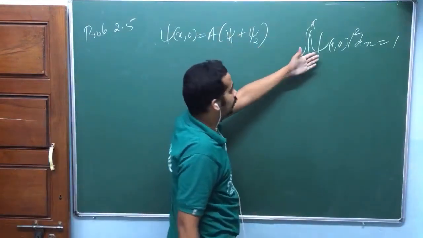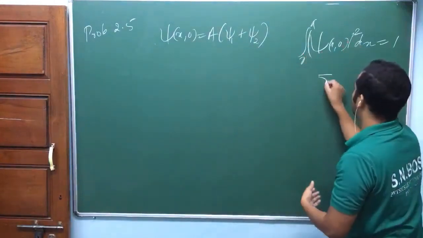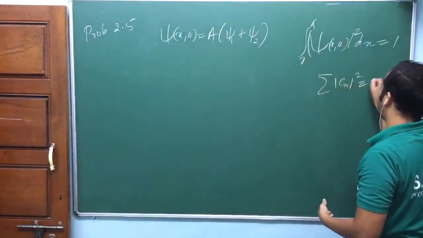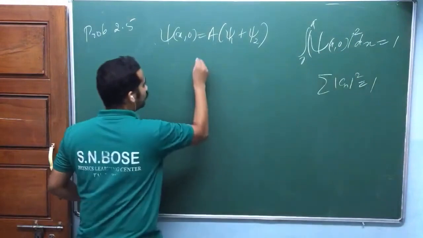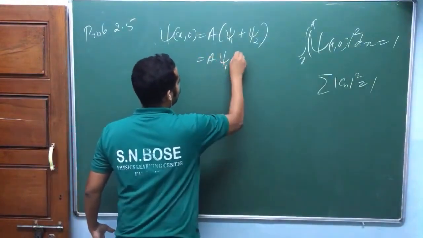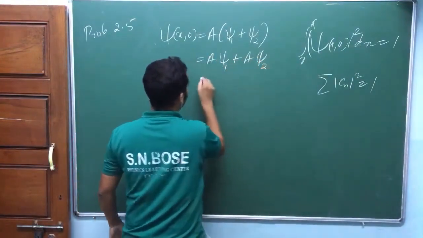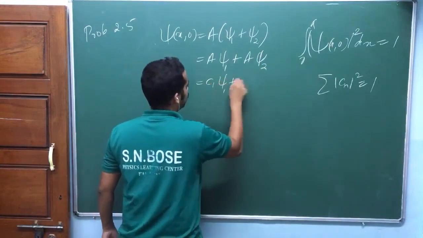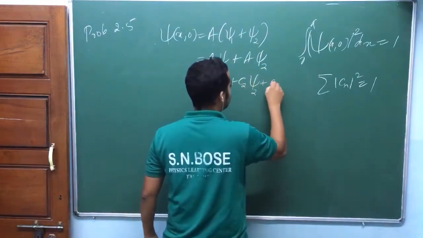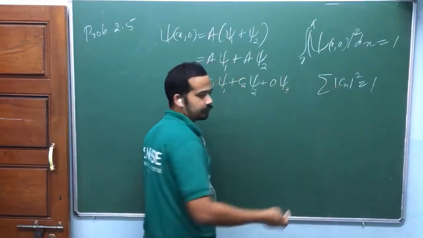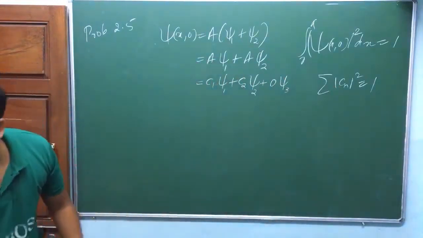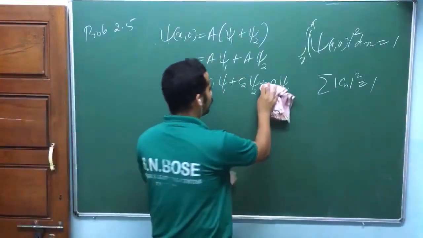They will mention that. What is this equivalent to? Summation over mod cn square is equal to 1. Am I right? Now go for this one. What is this? A psi 1 plus A psi 2. Compare this: C1 psi 1 plus C2 psi 2 plus 0 psi 3 plus 0 psi 4. Should I write that? No, isn't it? The rest of all coefficients are 0.